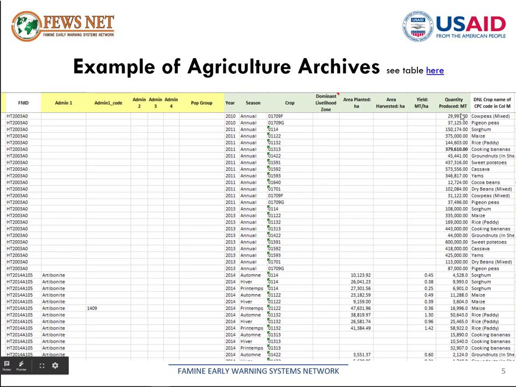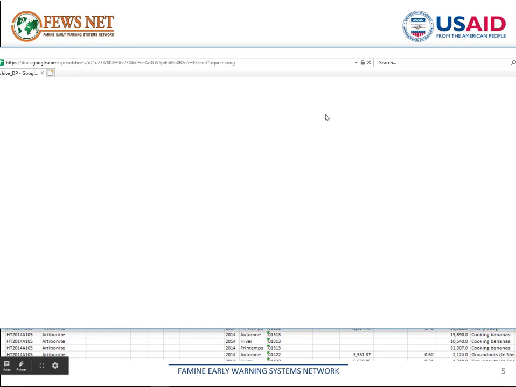The annual information that it is providing is just the production in metric tons, and in 2014 it is giving us area planted and yield. But let's go to that table and answer the questions that Greg asked.